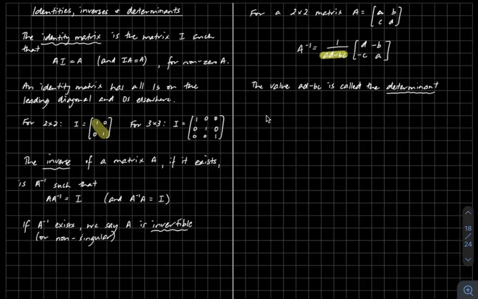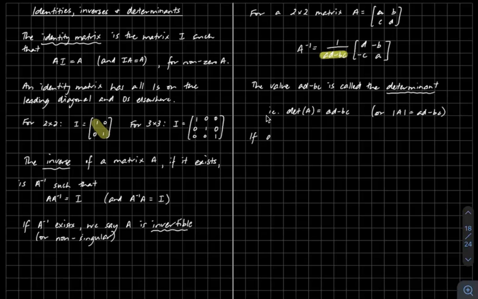And so some notation for that, so we could say that det A equals AD minus BC, or sometimes we use the sort of absolute value notation for determinants, so you need to be familiar with that as well. The determinant of A equals AD minus BC.